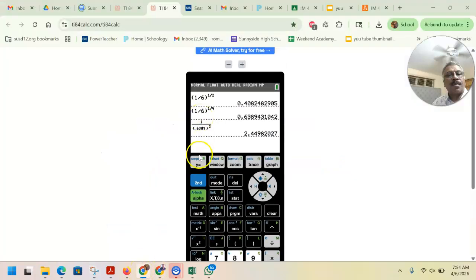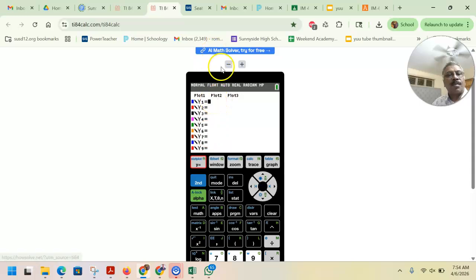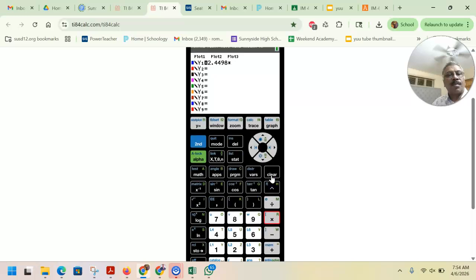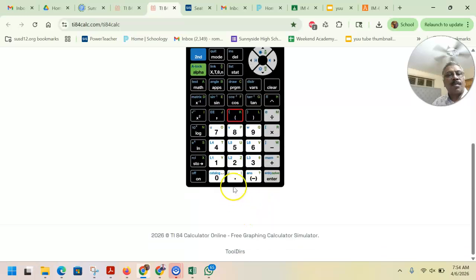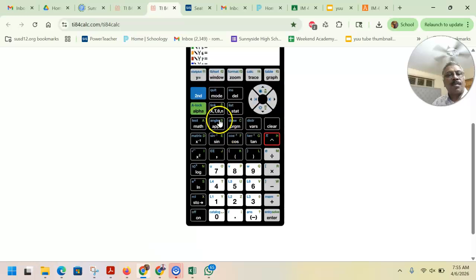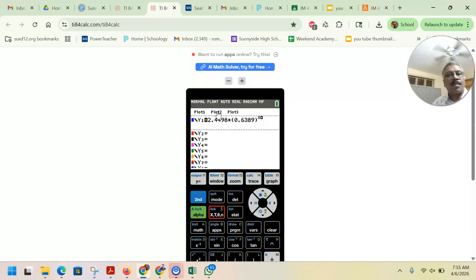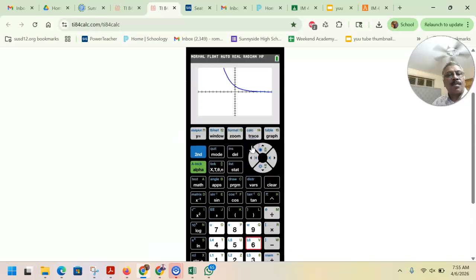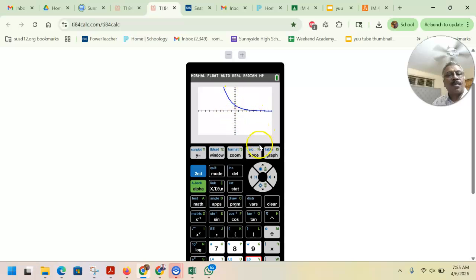Click here, y equals, so it was 2.4498 multiplied, and then it was open parenthesis 0.6389, close, and go up to the x. Yeah. And that's graph. Window, we will zoom in the standard one, that is ZStandard. So click 6, and you can see the graph right there.